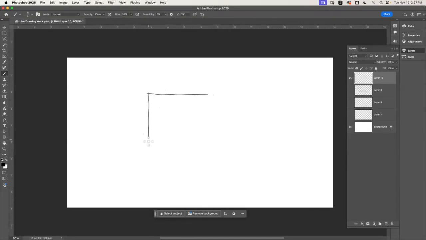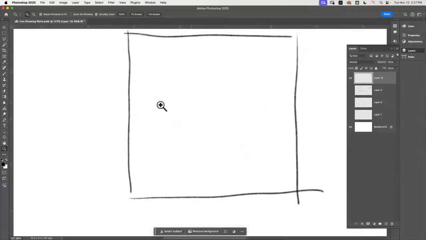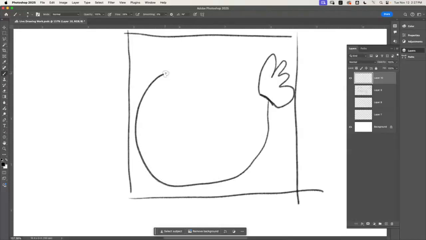Got my square format, because I'm just drawing this out. I'll try to do a cartoony version of it. And then I would do type.